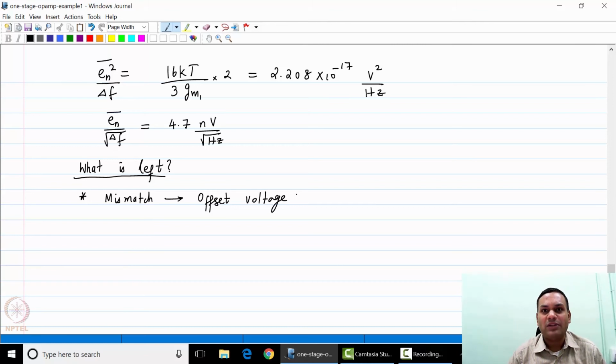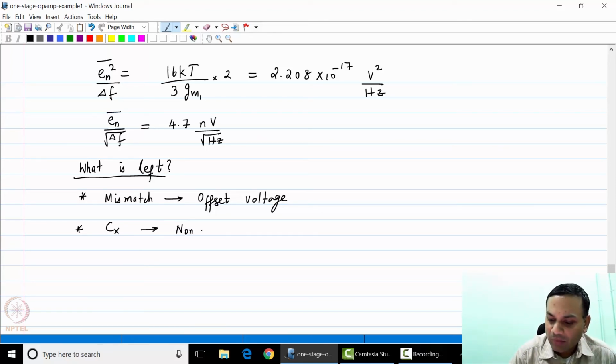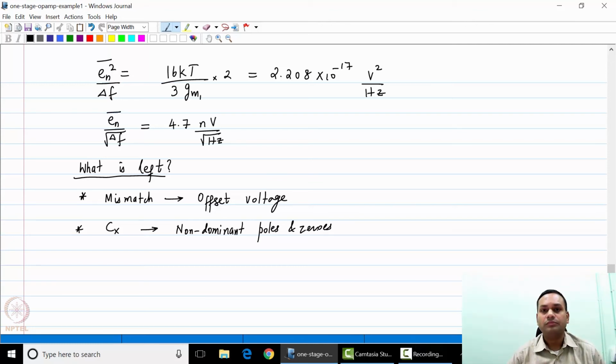Since we did not specify a VT mismatch, we have not calculated the offset voltage. And of course, we had not specified the capacitance at node X, and this would allow us to calculate the non-dominant poles and zeros of the system.